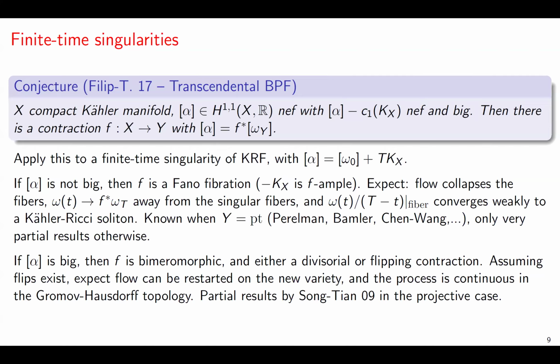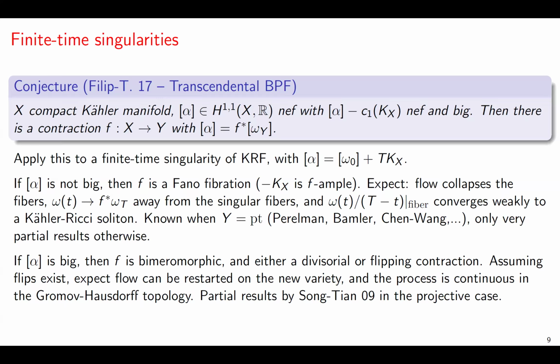It's not nice. Yes, it's a good point. When you restrict the flow, it satisfies some equation fiber by fiber, which is not Ricci flow, because in general the fibers will not be totally geodesic with respect to g_t. So this is actually a hard point. Unfortunately, the restricted flow is not Ricci flow fiber by fiber. Still, we expect this to be true. I think it's quite far.